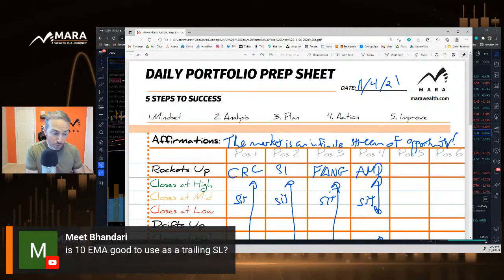The way to ultimately win in the market, to win consistently, to win long term, is to consistently follow your plan. So if it's true that it's an infinite stream of opportunity, I shouldn't be worried if I take a loss. I shouldn't be worried if I make a mistake, because there's going to be more and more opportunities. So just follow your plan.